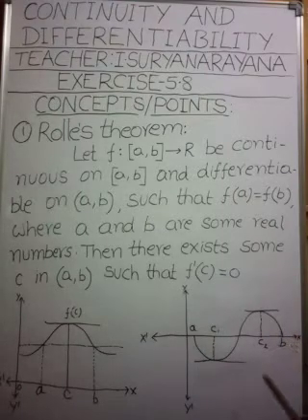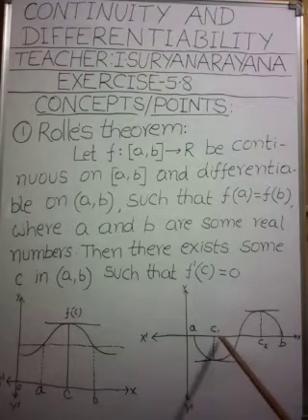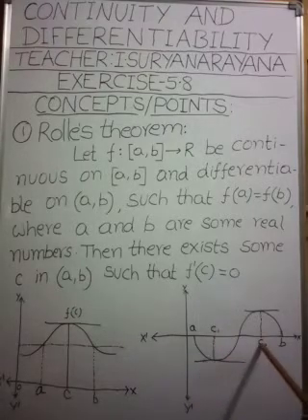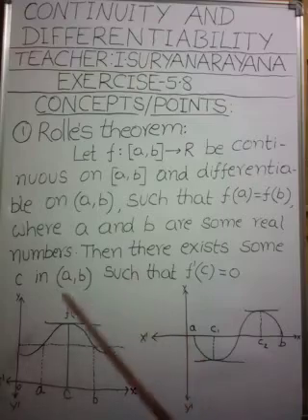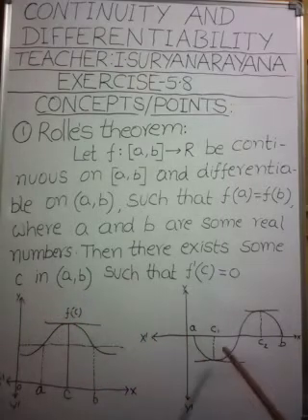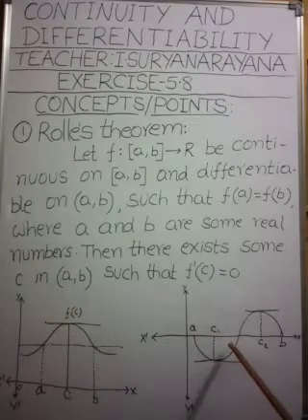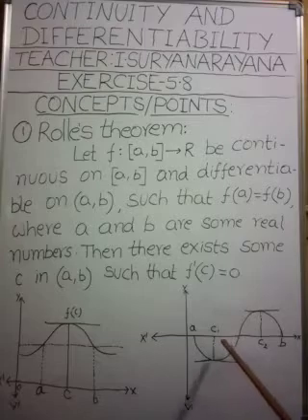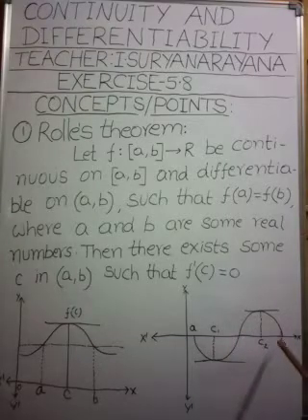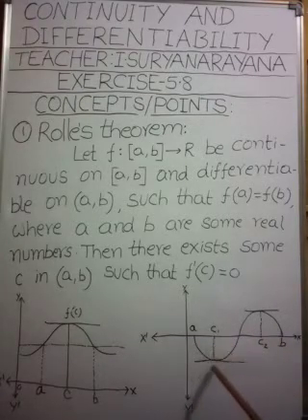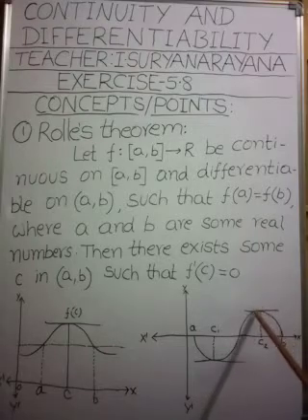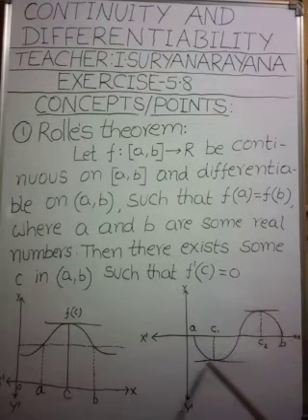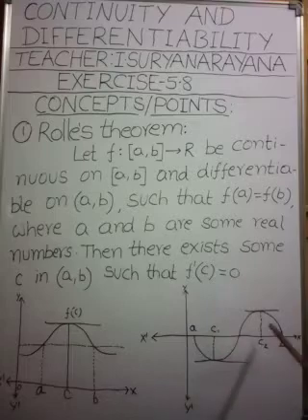In this case, we can find c1 and c2. Not only one real number, we can find more than one real number in the open interval a comma b, such that f dash of c1 is equal to 0, and f dash of c2 is equal to 0. These two lines are parallel to the x-axis.